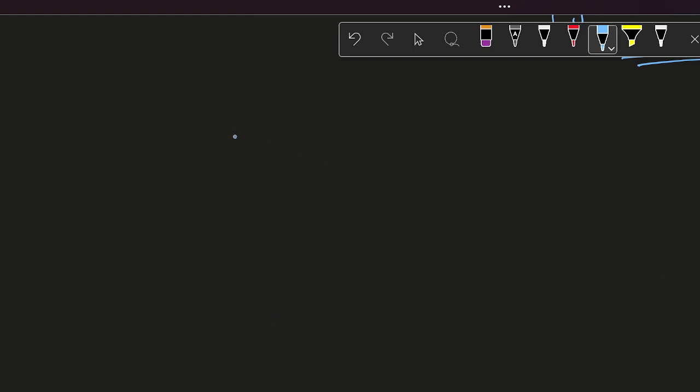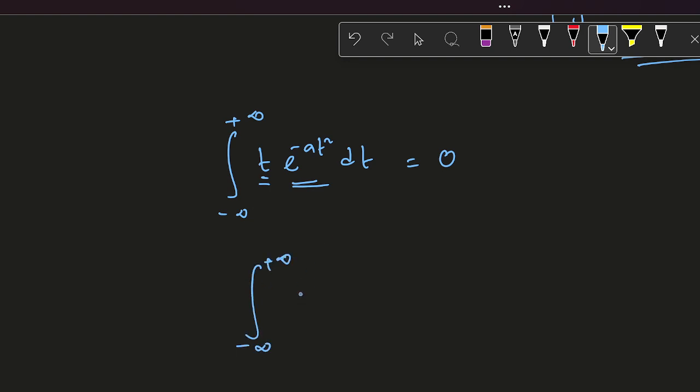Another thing I would like to write down, which will come in useful later: if you have the integral of t e to the power of minus a t squared dt from minus infinity to plus infinity, this will give you 0, because you have this odd t factor with e to the power minus a t squared. But on the other hand, if you have the same limits with t squared e to the power minus a t squared dt, then the value is not 0, but 1 by 2a root over pi by a.